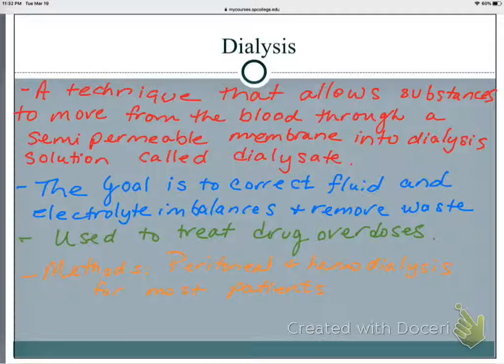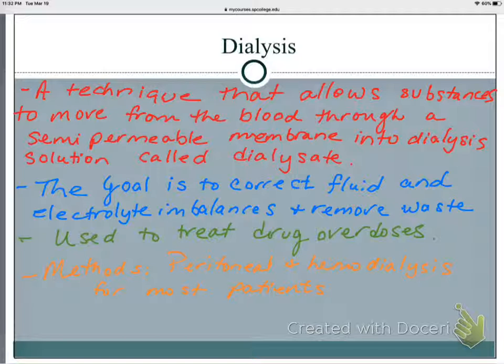So what is dialysis? Dialysis is the movement of fluid and molecules across a semi-permeable membrane from one compartment to another. It's as simple as that. Substances move from the blood through a semi-permeable membrane and into the dialysis solution or dialysate.